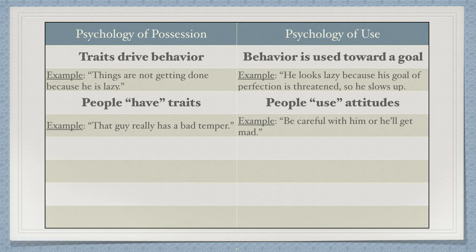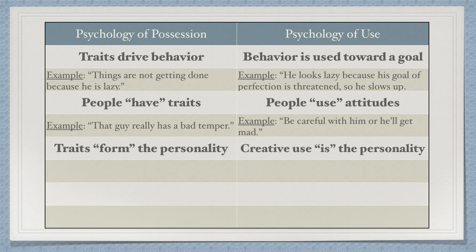Be careful with him or he'll get mad. Here we see that bad temper is a behavior that's being used to perhaps control other people or perhaps get other people to pamper him. Another characteristic of the psychology of possession is traits form the personality.